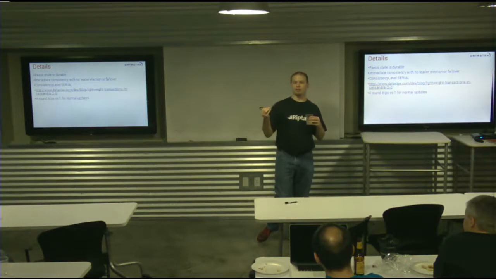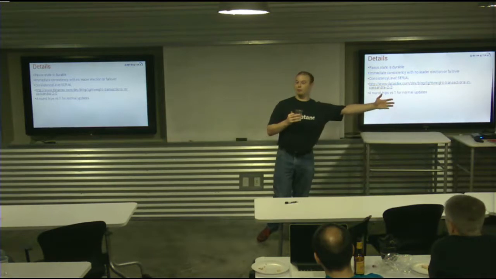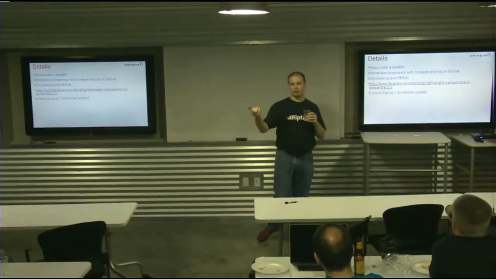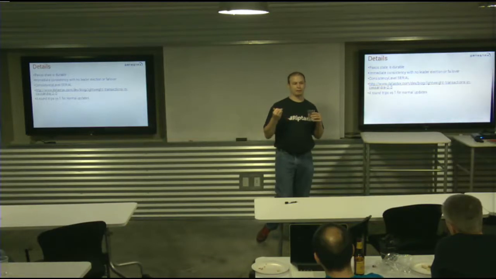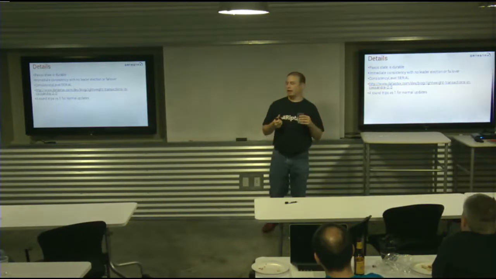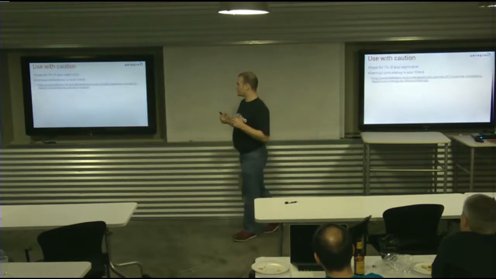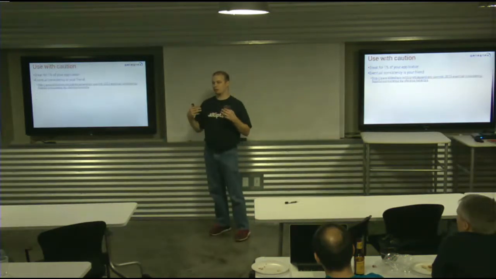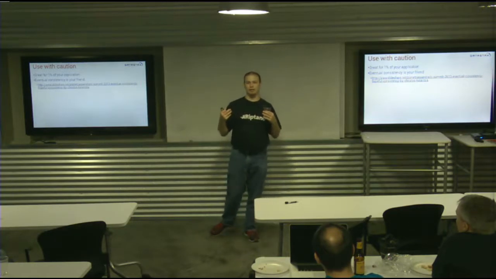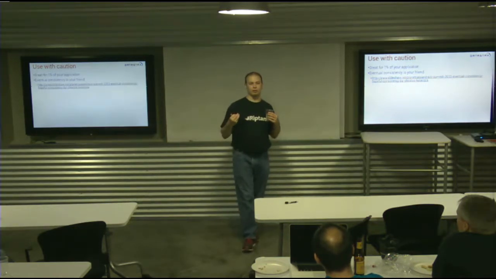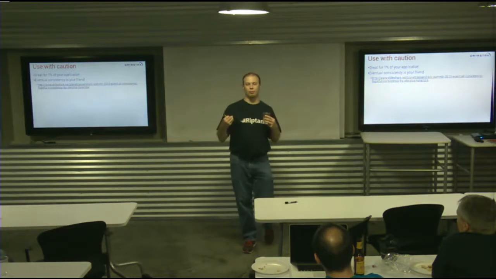So if it's IF NOT EXISTS, or it's if this column equals X and this other column equals Y, whatever your condition is, we need to go and check what's the current value of that row in this linearizable transaction. So consequently, the recommendation is use this for the 1% of your application where you need linearizability, but for most of your application, you're going to want to continue to use the normal, eventually consistent operations.